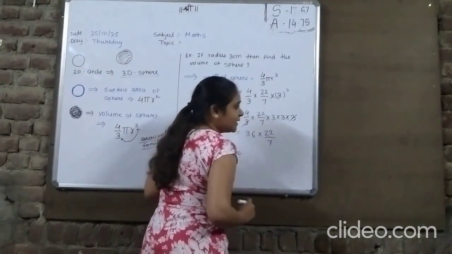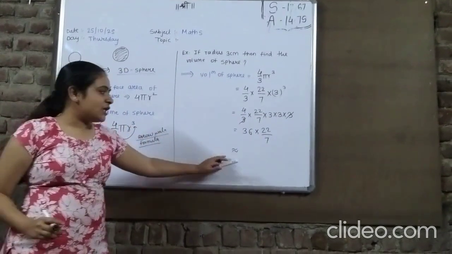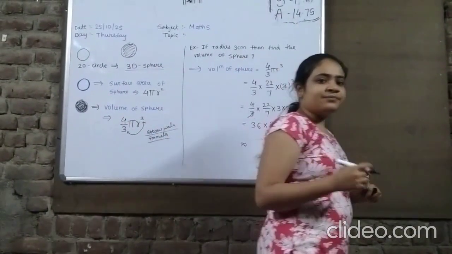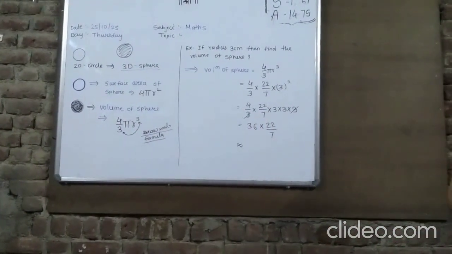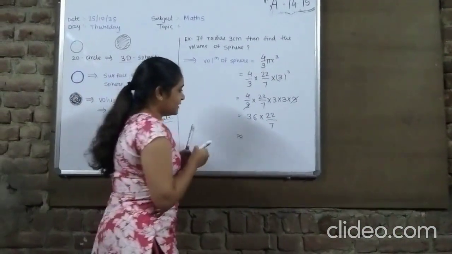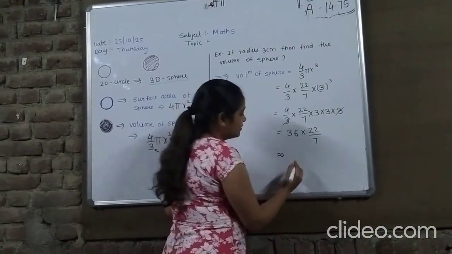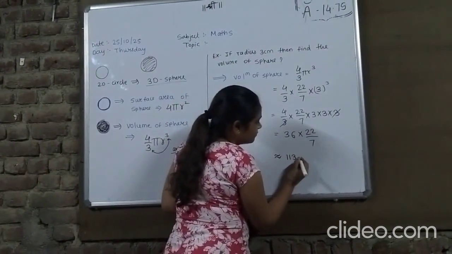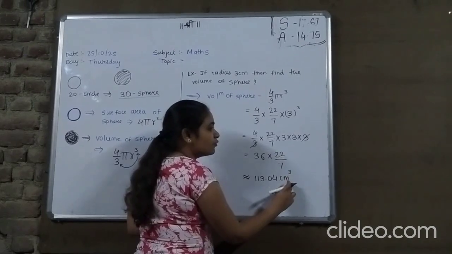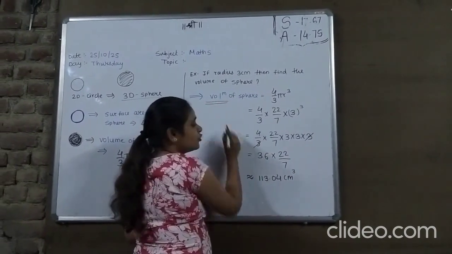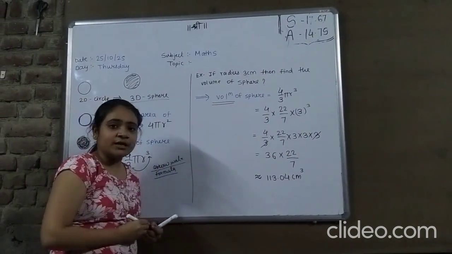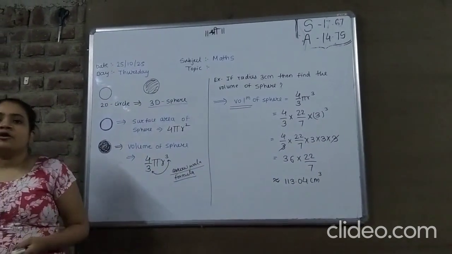Calculate it. 113.04 centimeter cube. See here, we use cube. Why? Because it is volume. The unit for volume is cube. Remember this.